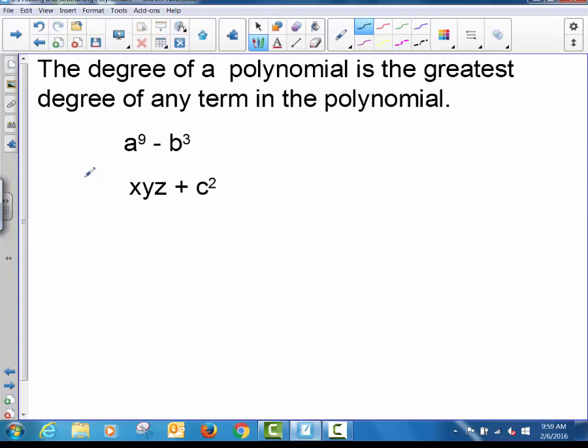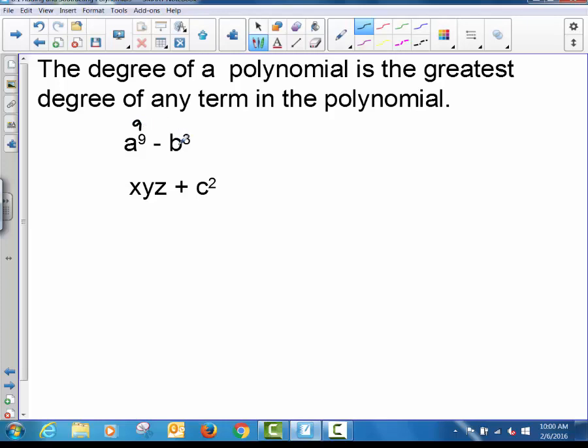All right, now we've got a monomial, and we've learned how to get the degree of a monomial. Now we're going to deal with polynomials. The degree of a polynomial is the greatest degree of any term in the polynomial. You do not add up all the exponents in the polynomial. You only add up each monomial. So as you look at this first one, the degree of a to the 9th, that monomial is 9.